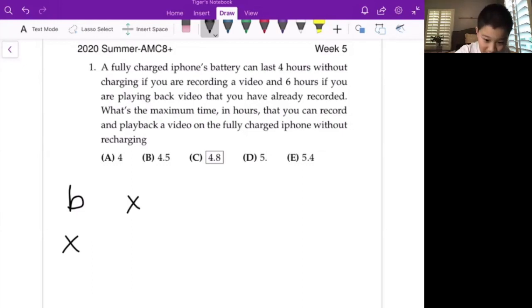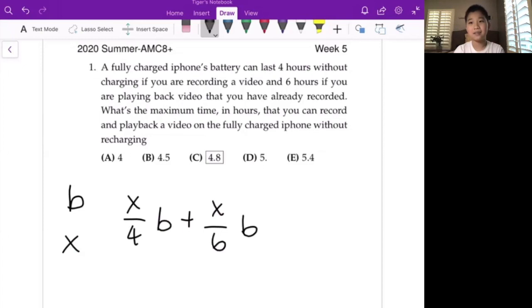So X over 4 times B. And then for playing back the video, it takes 6 hours to use all the battery, and it takes X hours to play back the video. So X out of 6 of the battery will be used. So X over 6 times B.